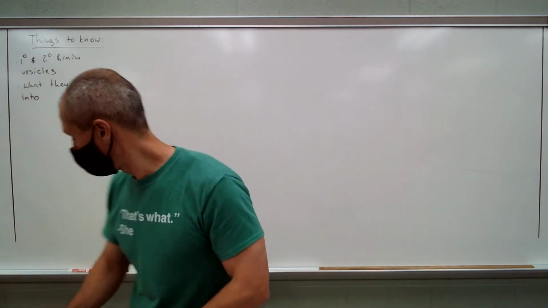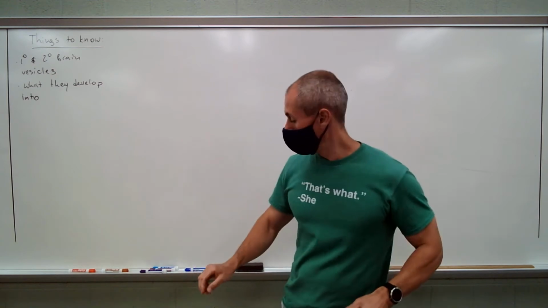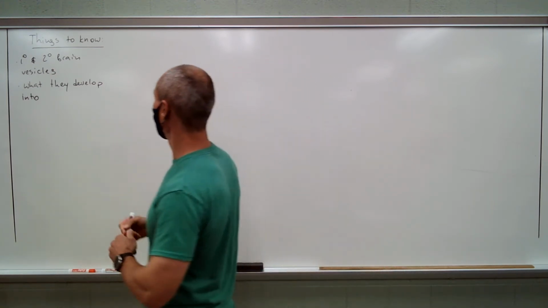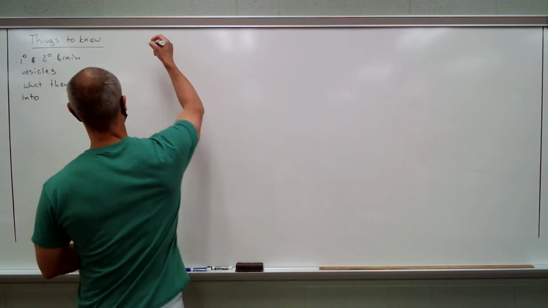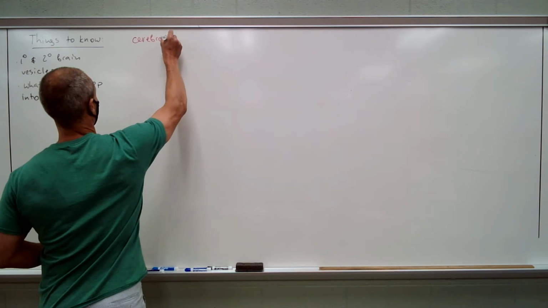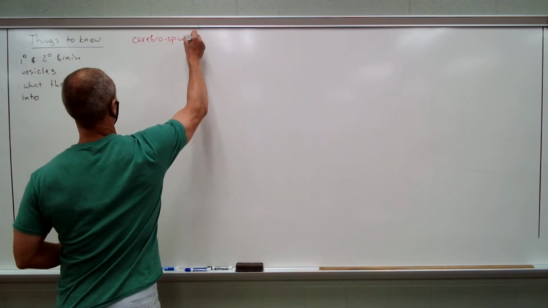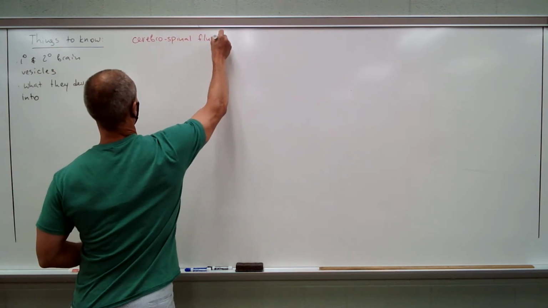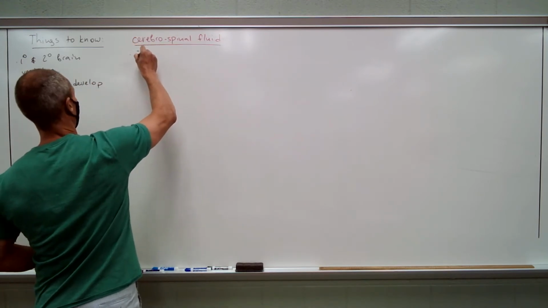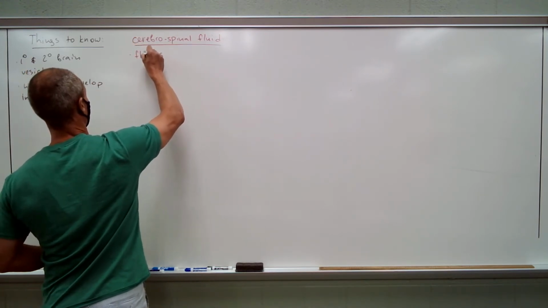Moving on. The first associated structure of the brain that we need to learn is the concept of cerebrospinal fluid. Functionally, it floats the brain.